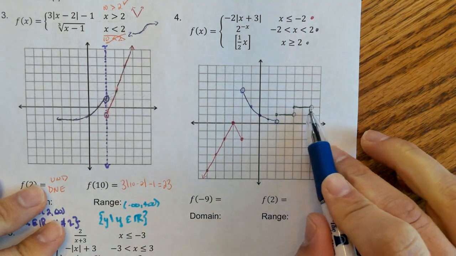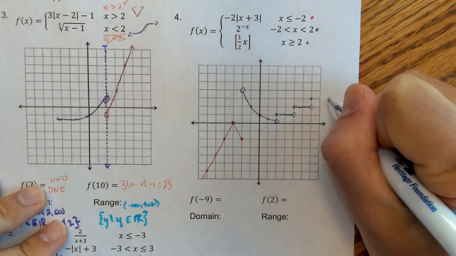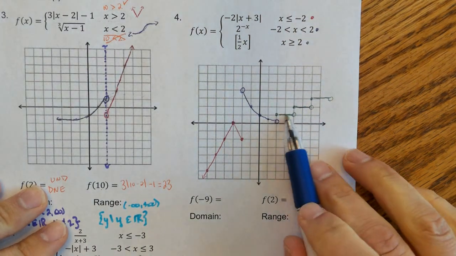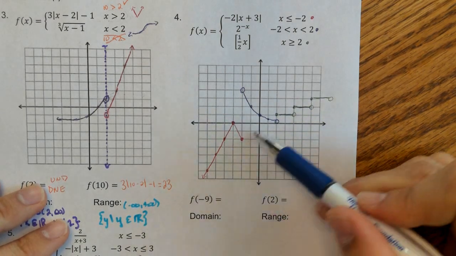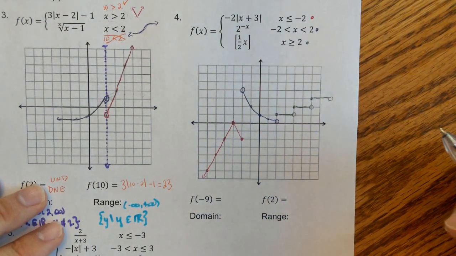And we make one extra step. You can continue on, because you know that each step is a length of 2, so it looks like that. So there's your picture. You have your absolute value, your exponential, your step function.